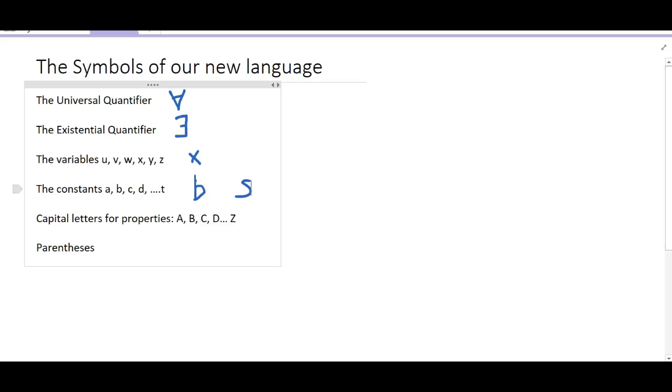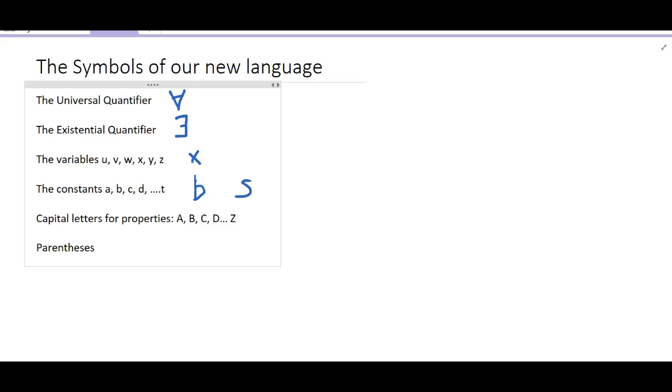In addition, there are the capital letters of the English alphabet, A through Z. And remember, those were used in chapter 6 as symbols for complete statements of English. In this language, they serve as a slightly different symbol. They stand for properties, for qualities.